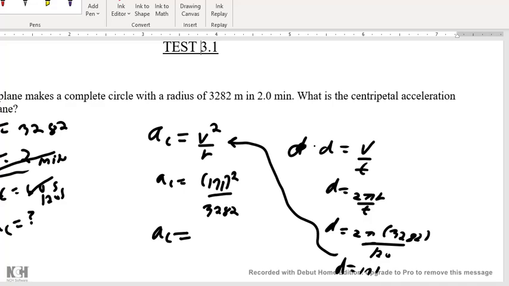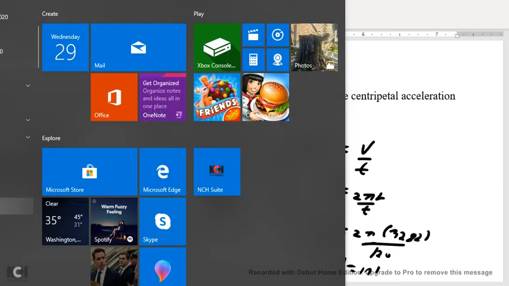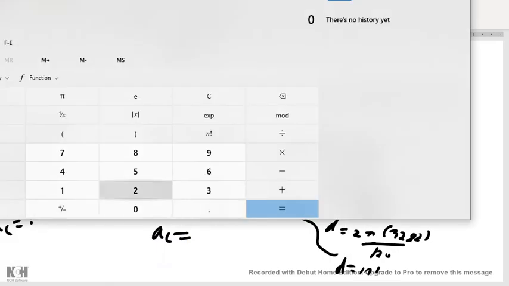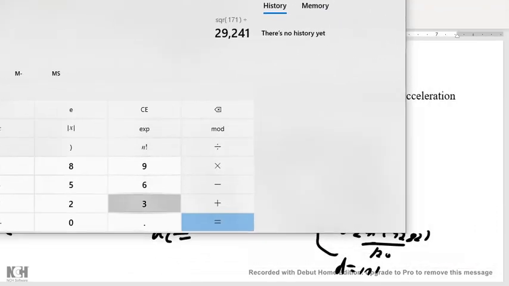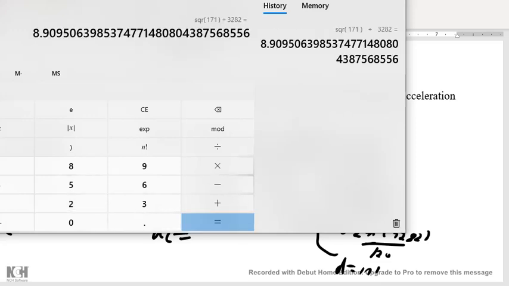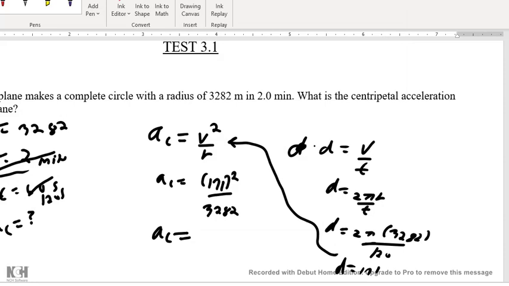Go back to the calculator and let's see what we get. 171 squared divided by that radius, 3282, which now tells me 8.991, which is about what I got earlier. I want to make sure you get the correct number and write the number and the units. What are the units for acceleration? Meters per second squared.